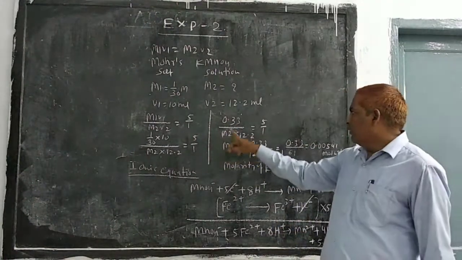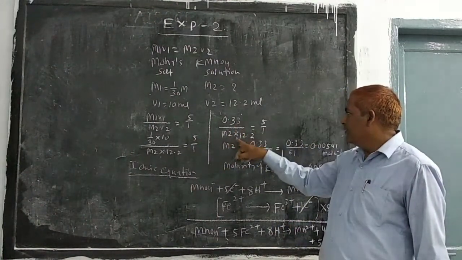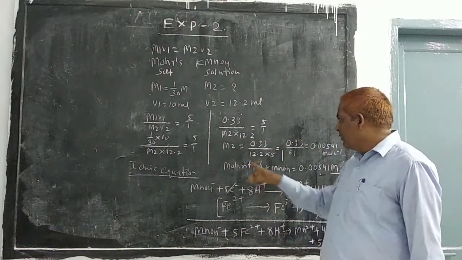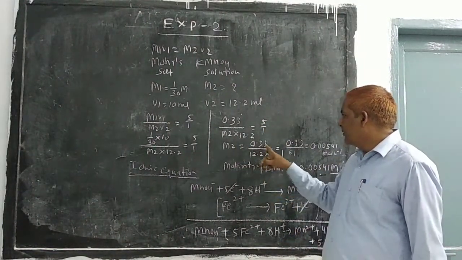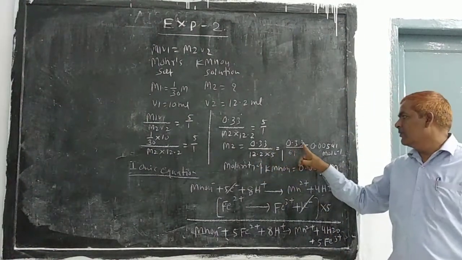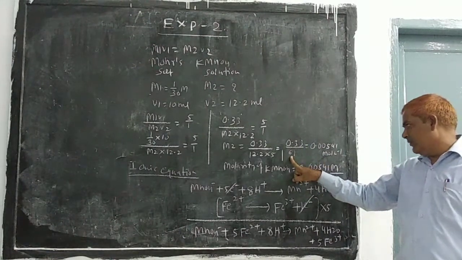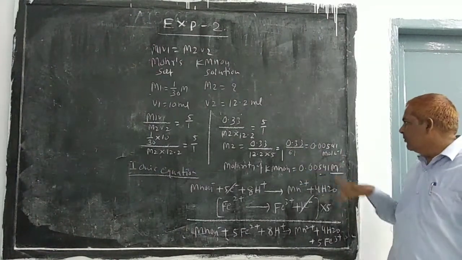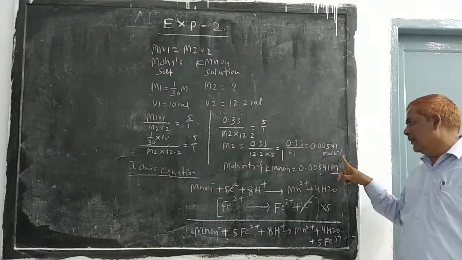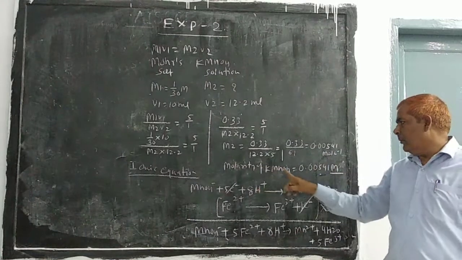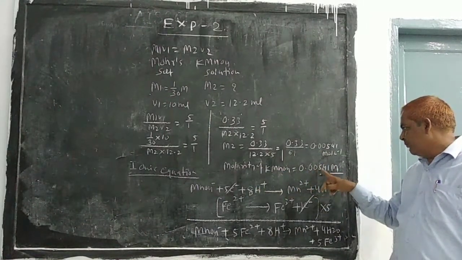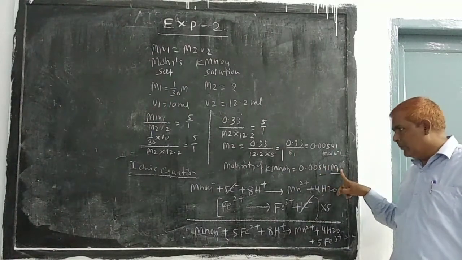Then after calculation it becomes 0.33 divided by M2 into 12.2 equal to 5 by 1, or M2 equal to 0.33 divided by 12.2 into 5 equal to 0.33 divided by 61, after calculation it becomes 0.00541 mole per liter. So it is the molarity of KMnO4 solution.